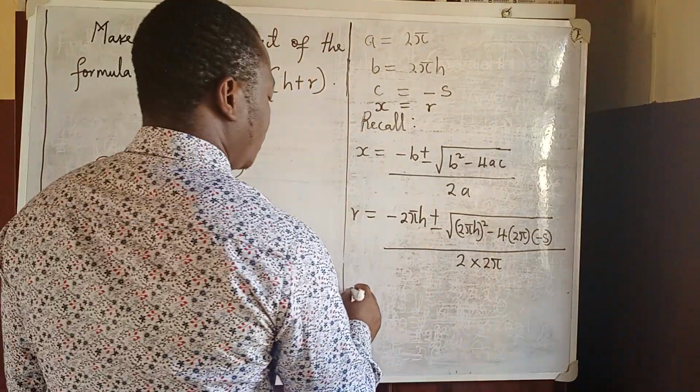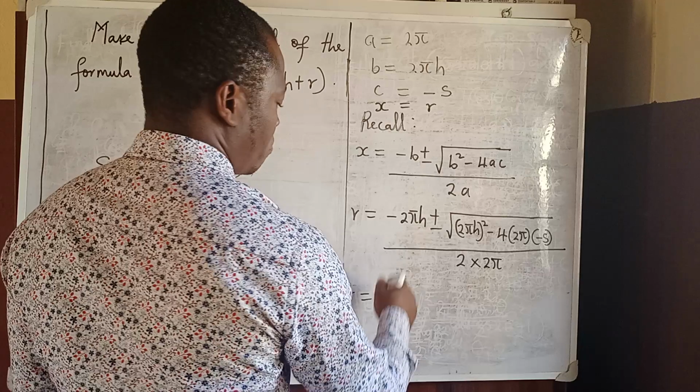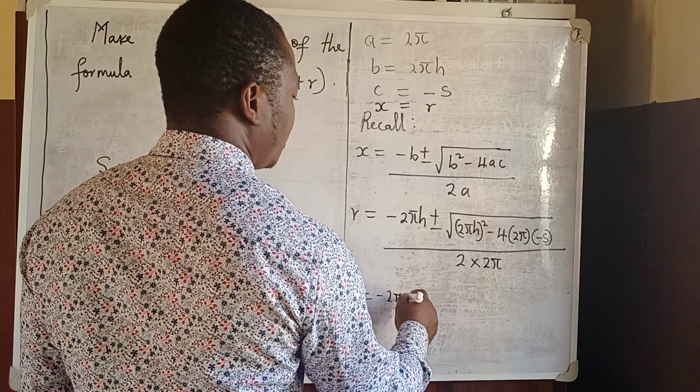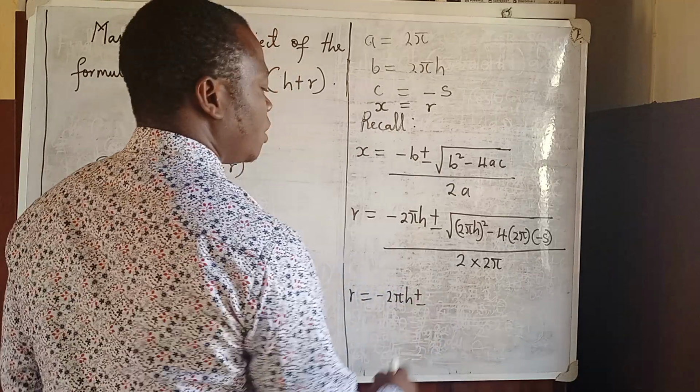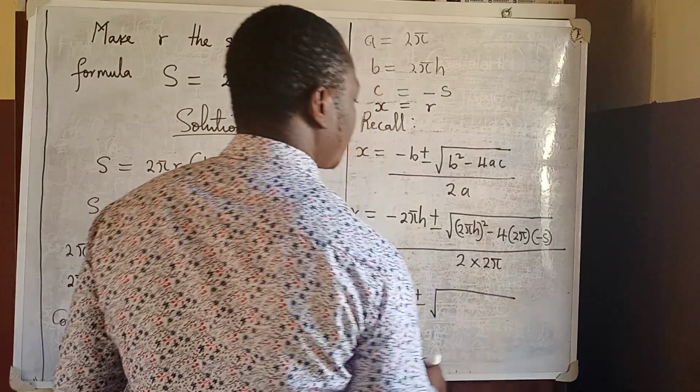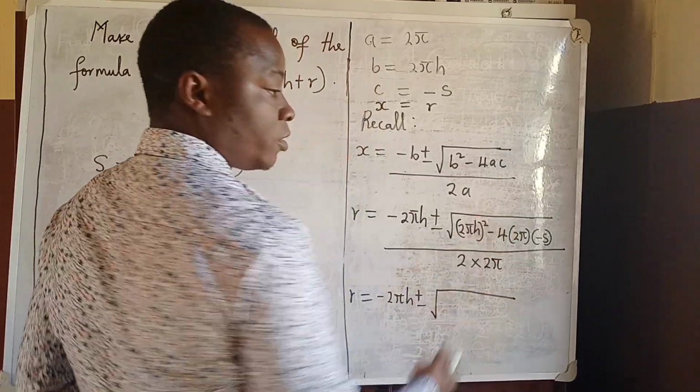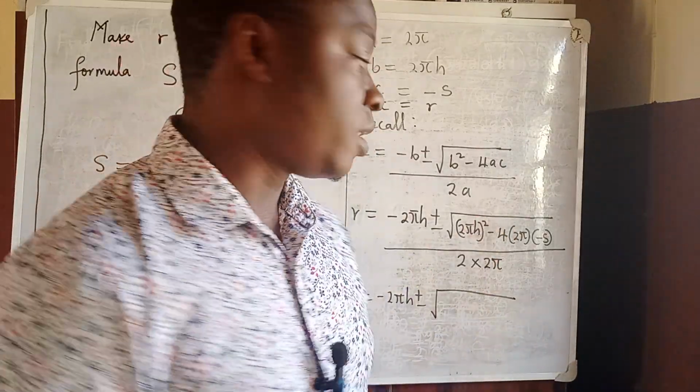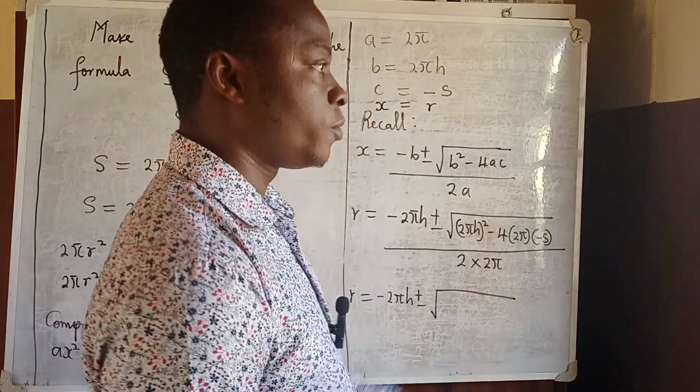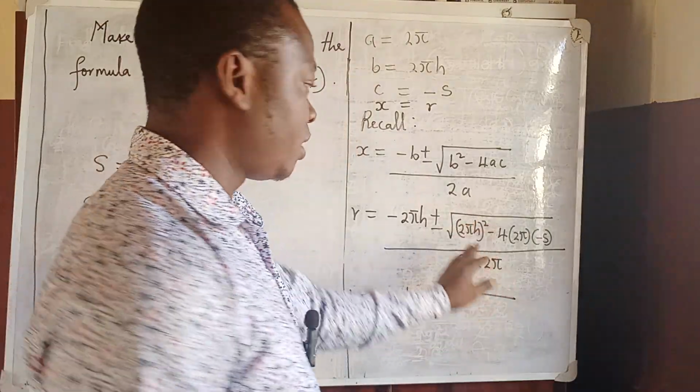So R here will be equals to minus 2 pi h plus or minus the square root. You know, this is according to laws of indices. This power of 2 is affecting everything in this bracket.